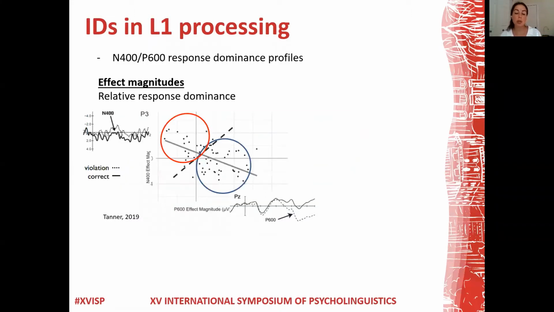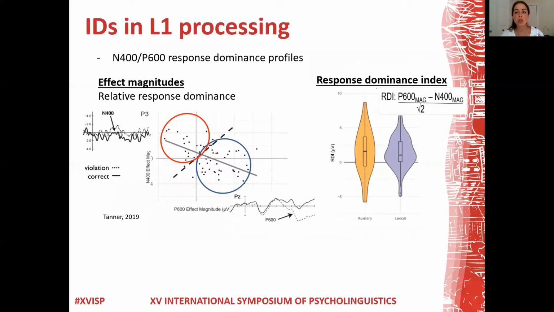Now, another way to account for individual differences in language processing is to look at individuals' response dominance index, or RDI, which is a measure of participants' relative response dominance. An RDI value of 0 or near 0 would correspond to equal size N400 and P600 effects.